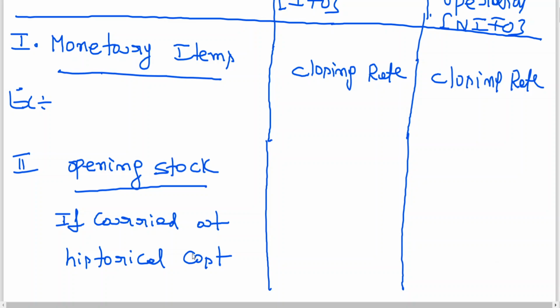Historical cost means the cost at which you have acquired. If opening stock has been given as a hint, it is carried at historical cost. If you got the record, you can take actual exchange rate.